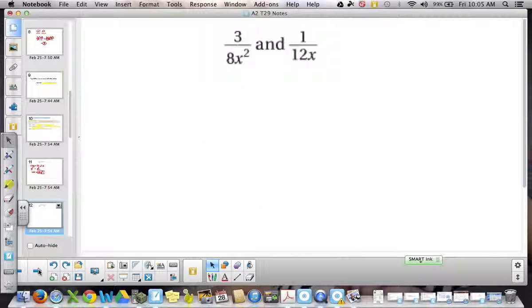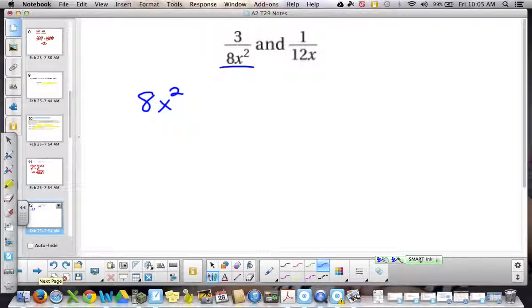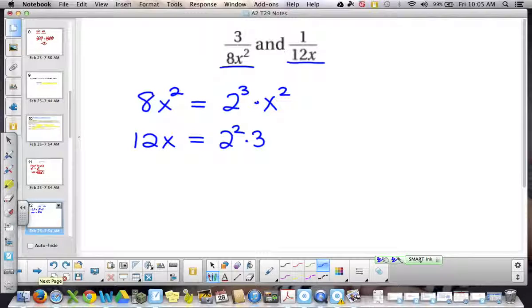Next example. We have 3 over 8x squared and 1 over 12x. So our 2 denominators are 8x squared and 12x. 8x squared is 2 to the 3rd power times x to the 2nd power. 12x would be 2 to the 2nd power times 3 times x to the 1st power.